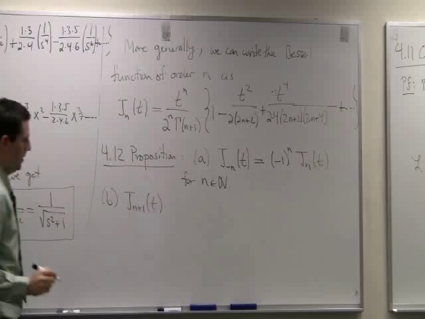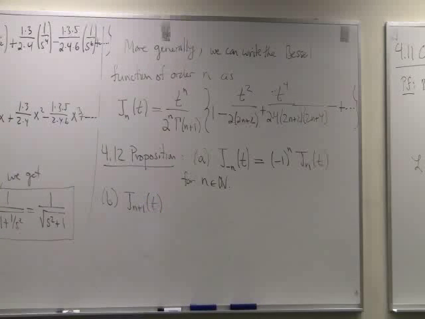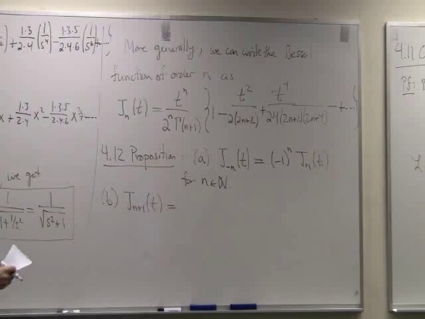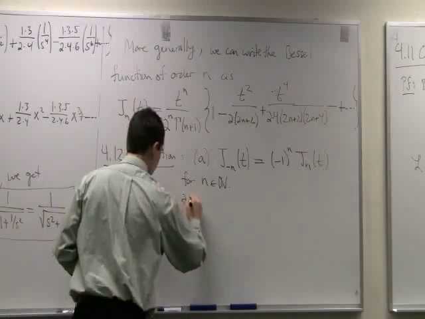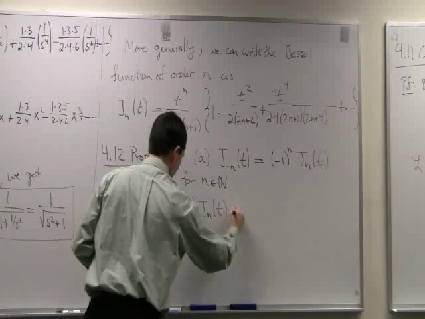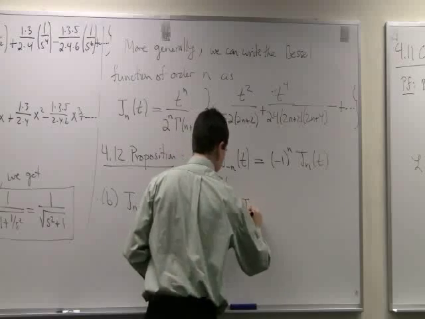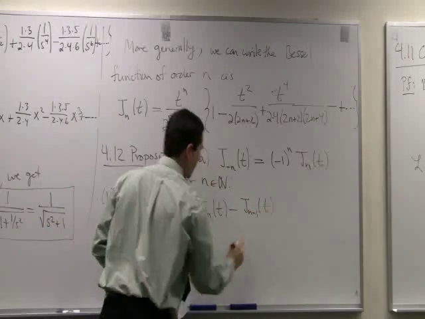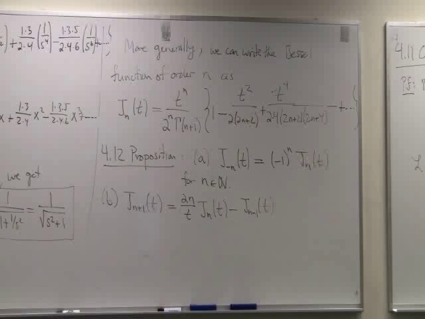If you want to know the n plus first Bessel function, you can write this in terms of the nth Bessel function and the n minus first Bessel function. So it becomes 2n over t times the nth Bessel function minus the n minus first Bessel function. That's number 1. So this is a nice little relation.